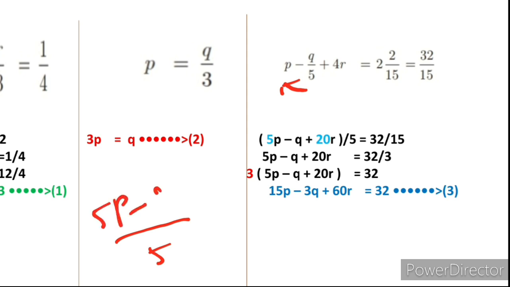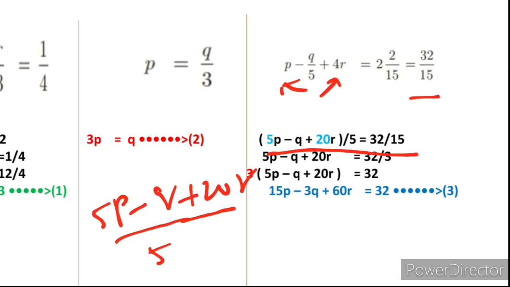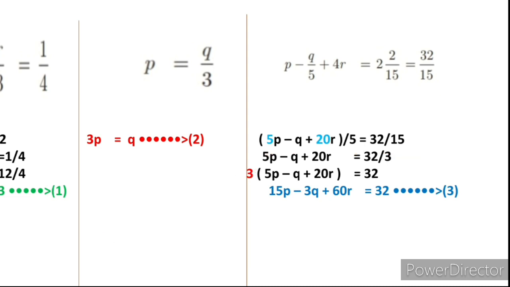Then write minus q as it is, there is no change. Here there is no denominator, so cross multiplying, plus 5 into 4, 20r. That is 5p minus q plus 20r by 5 is equal to 32 by 15. Do you understand this? Now simplify this.